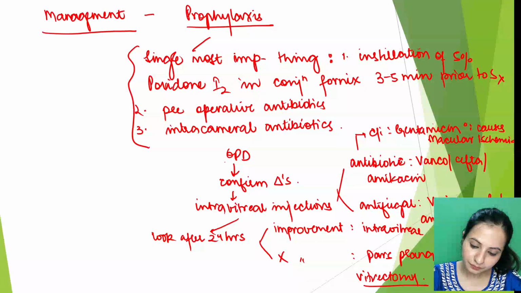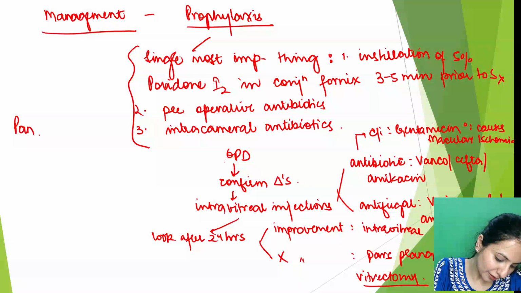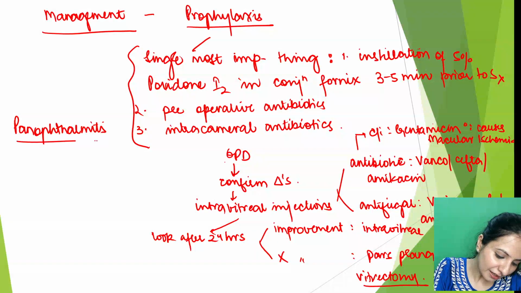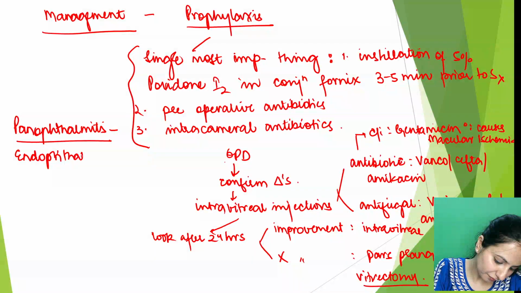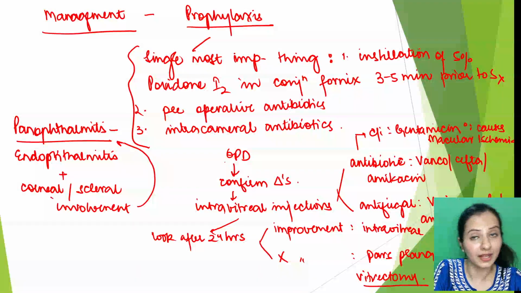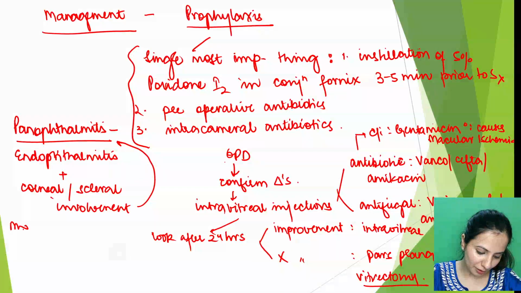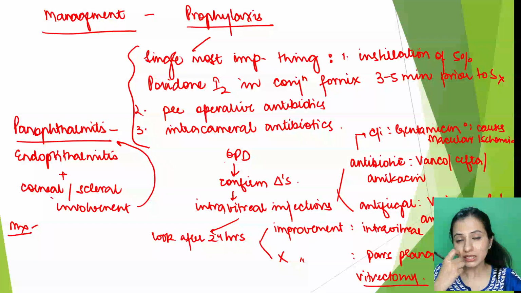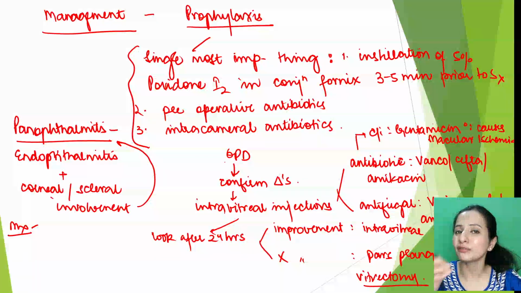Okay, now what is panophthalmitis? Whenever in a patient of endophthalmitis you start seeing corneal or scleral involvement, then you call it panophthalmitis. Okay, now if we talk about the management of panophthalmitis, since the infection has already set in and involved all the layers, you have to remove the eye.